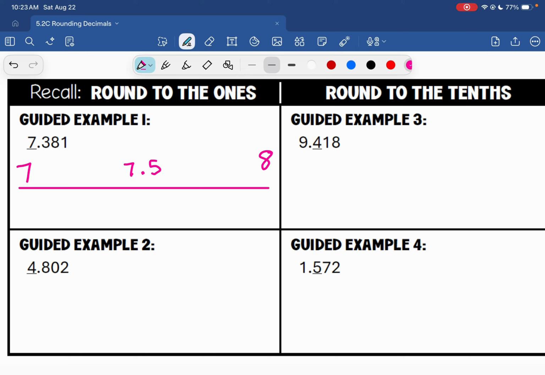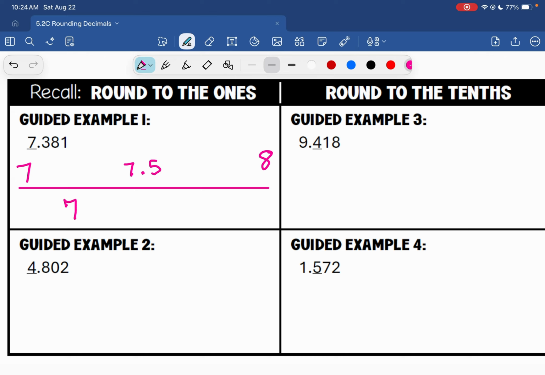If it's less than the halfway point, then it's closer to 7. But if it's greater than the halfway point, then it would be rounded to 8. So in this case, since 7 and 381 thousandths is less than the halfway point, it rounds to 7. It's closer to 7.